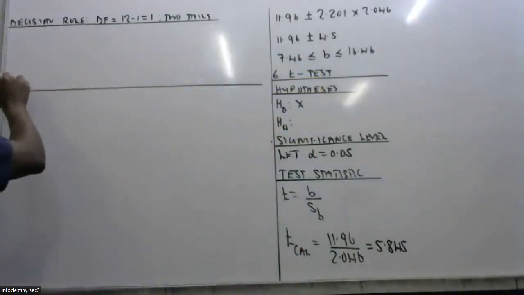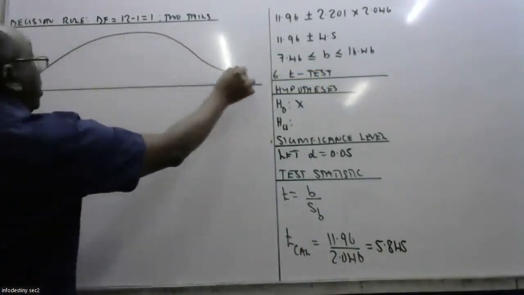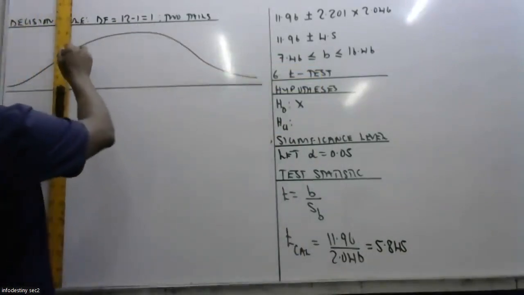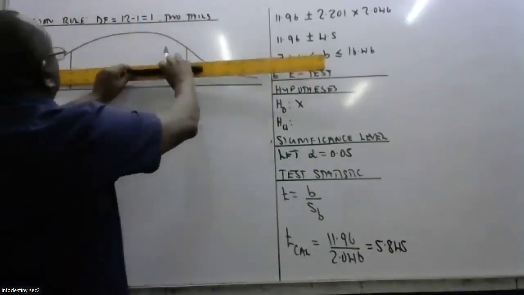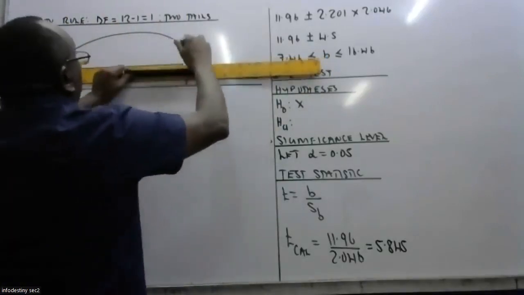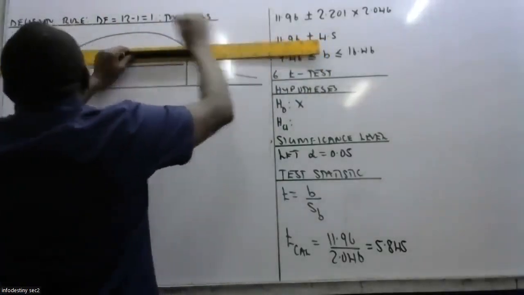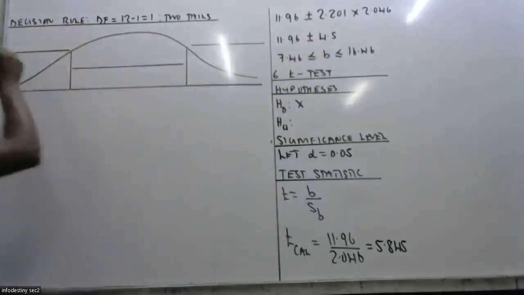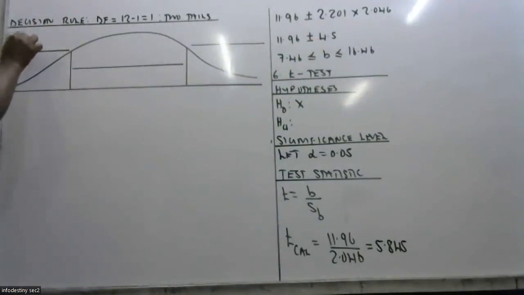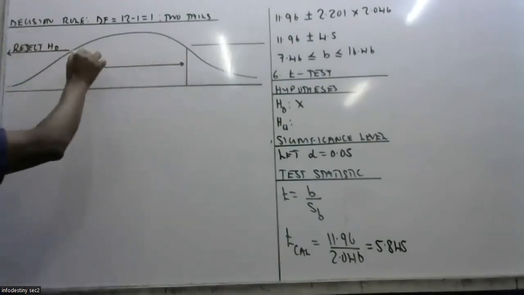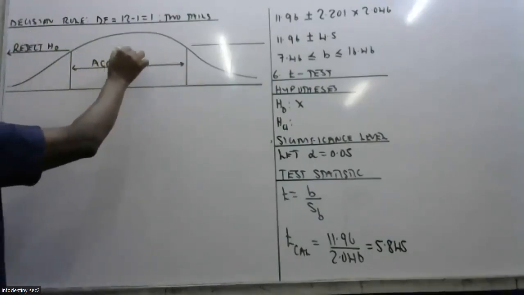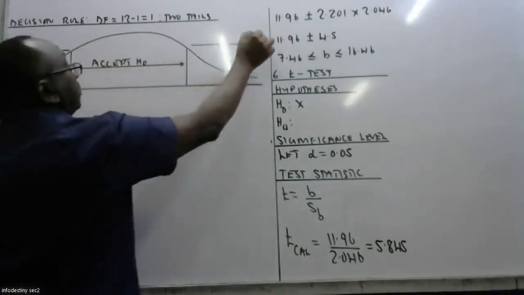Now this arranges itself like this. Here we normally say reject the null hypothesis. Here we say accept the null hypothesis.